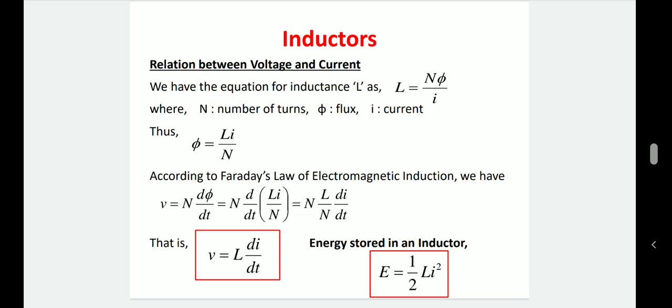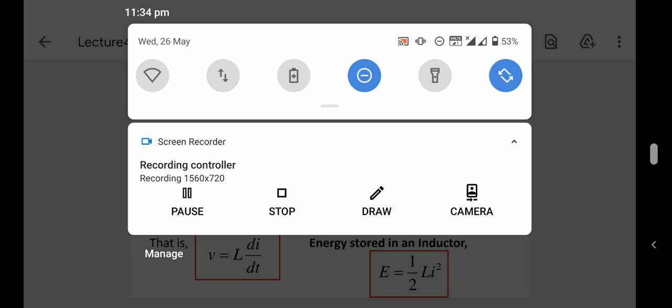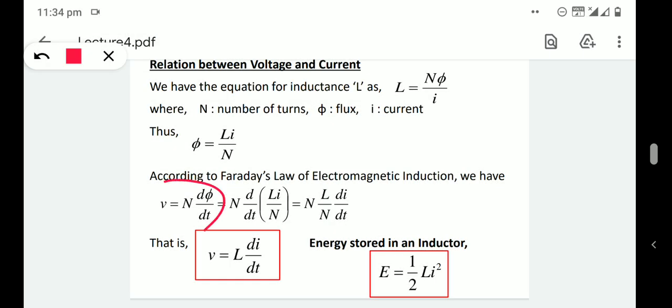Then from this equation, phi is equal to L into I divided by N. According to Faraday's law of electromagnetic induction, whenever the flux linked with a coil changes, an EMF will be induced in the coil. So the induced EMF will be equal to N into d phi by dt.